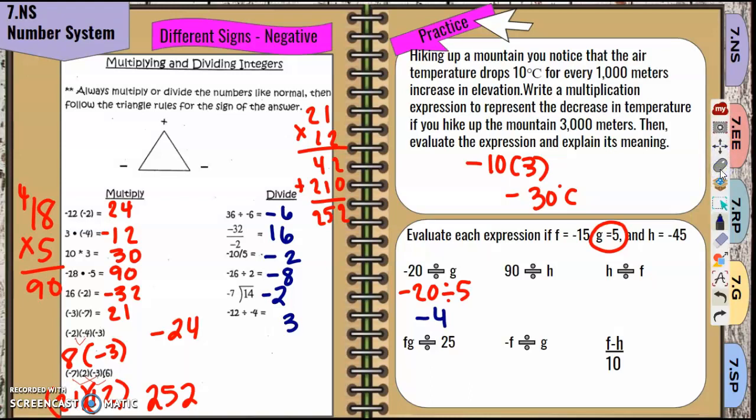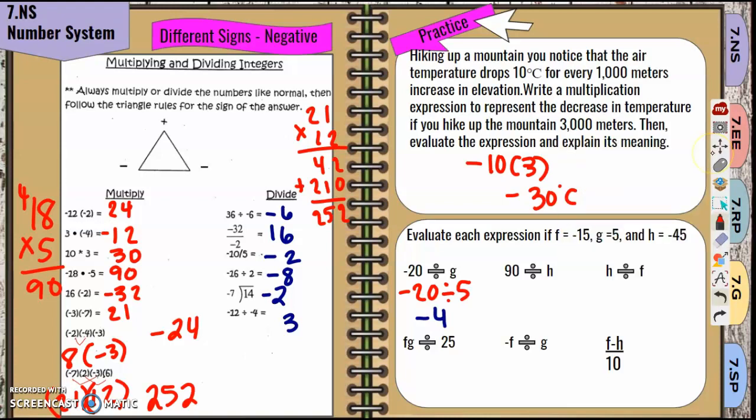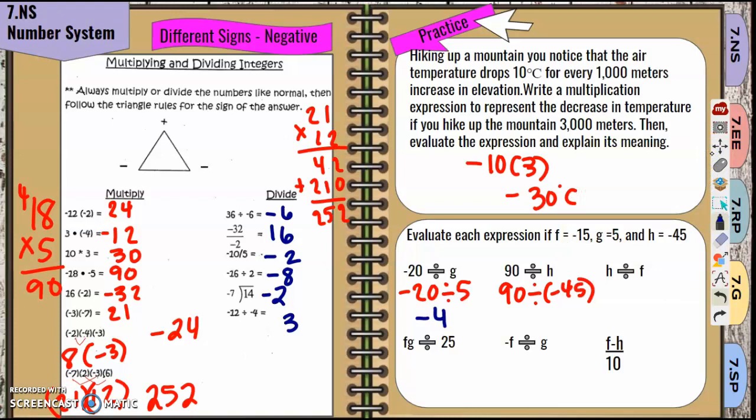All right, so let's try this. So 90 divided by h. 90 divided by h is negative 45. So the first thing I do is 90 divided by 45 is 2. And a positive divided by a negative is a negative.